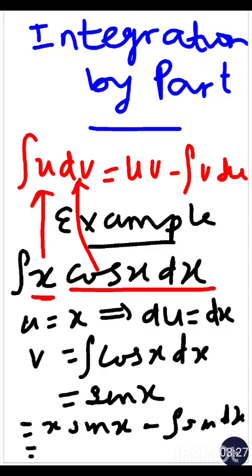So you'll be left with x sin x. When you integrate sine, it gives you negative cos, and negative here makes it positive. So you have x sin x plus cos x plus c, our constant of integration.